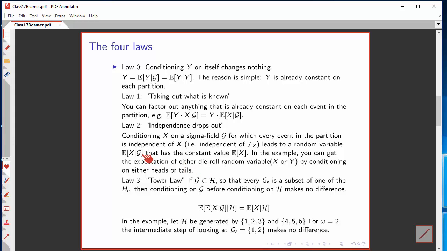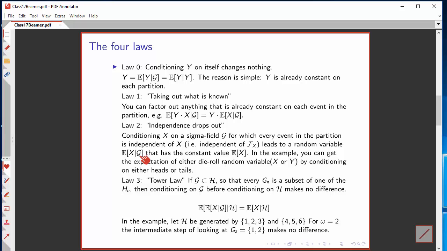And let's think about what would happen then if we're conditioning X on G. We pick an omega like 2 and heads that leads to event G1 in the partition.